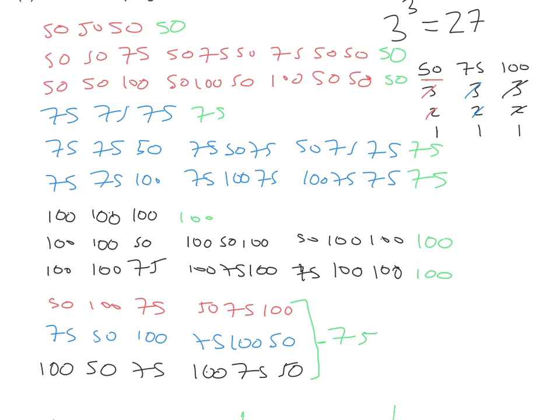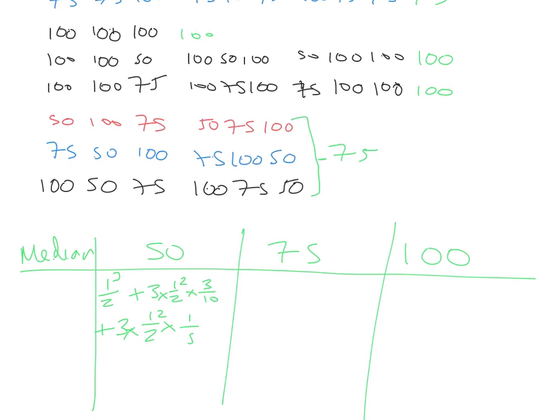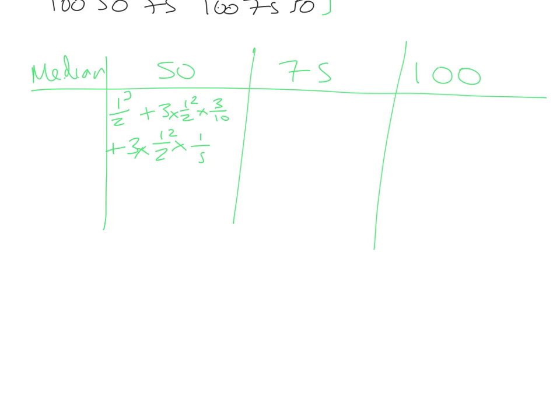I'm now going to do the same for the 75, so I'm going to do that for these combinations, but I'm also going to include these ones here. So for 75, the probability of that is 3 over 10, and that could happen 3 times, but it could also be where we have 2 75s and a 50, or it could be where we have 2 75s and a 100.